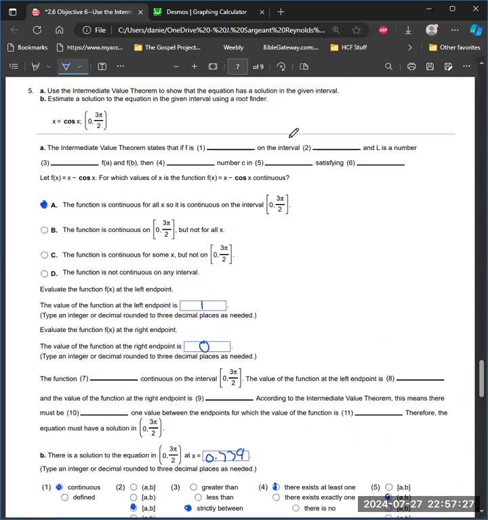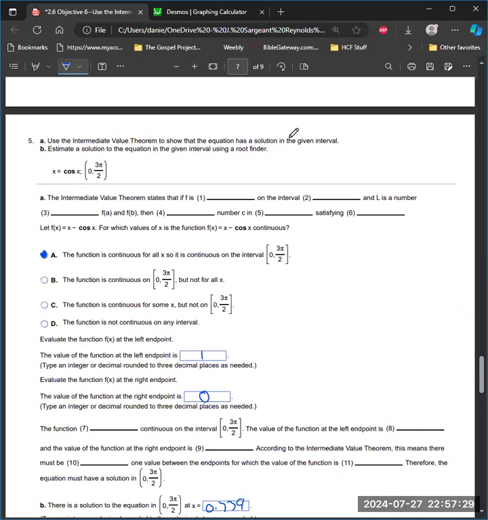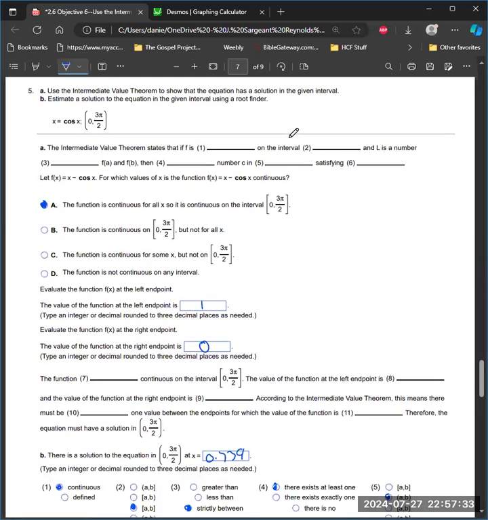And they're looking at the function x minus cosine x is what they're looking at. Equals 0. Okay.